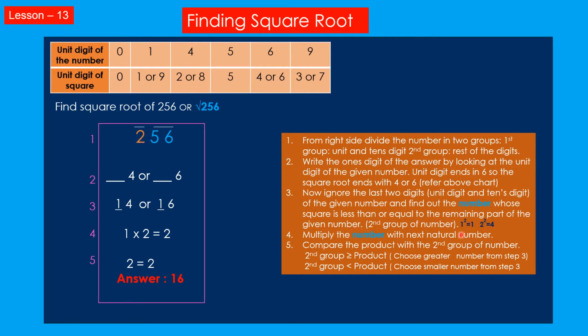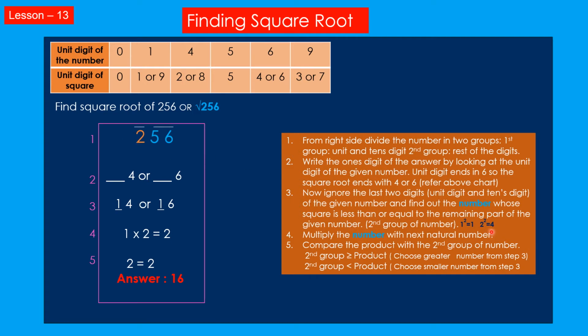So if you square 1, you get 1, and if you square 2, you get 4. So out of 1 and 2, you have to decide which one is going to come at the tens place for our answer. So here we are going to consider the number 1 because the square of 1 is less than or equal to the number 2.